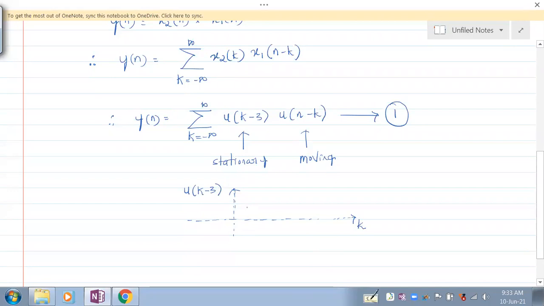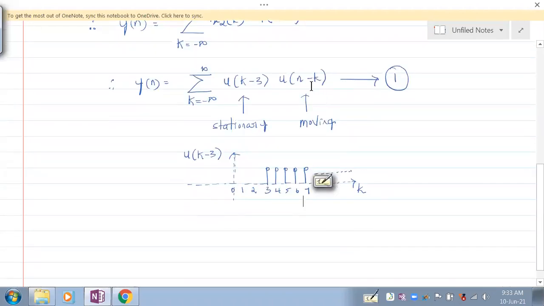And u of k minus 3 is shifting u of k to the right by 3 units. So 0, 1, 2, 3. It starts at 3, and you can write any number of samples, your wish. And it goes till infinity. So this is 4, 5, 6, 7. Understand that? This is u of k minus 3.